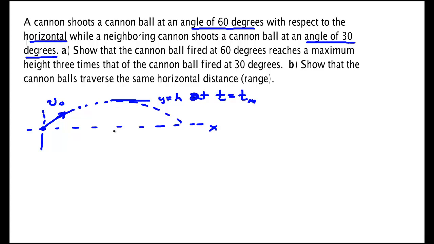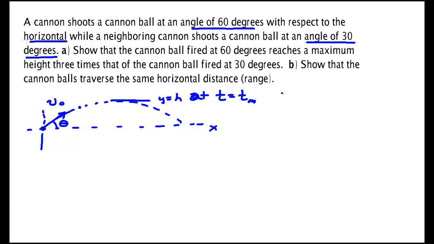I don't really care about the distance here, although I know because it's a symmetric problem that it will take half the distance that it goes all the way across, and it will take half the time that the ball was in flight. But even if it was not symmetric, I'm going to work the problem in the most general way. And this is theta.